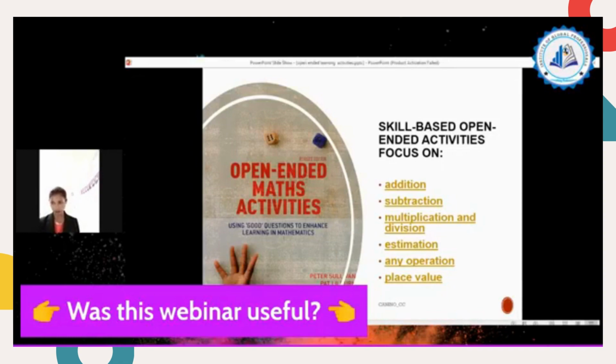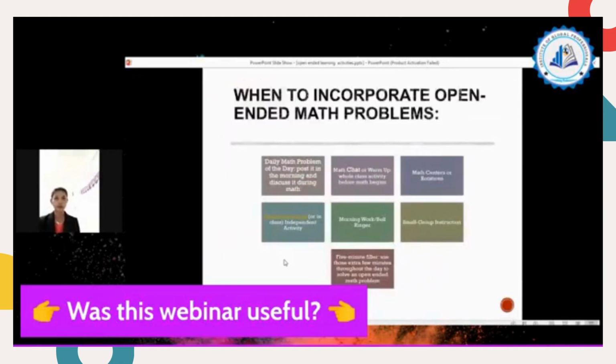Okay, next. So when to incorporate open-ended math problems? Well, you can use this in daily math problems of the day, post it in the morning, and then discuss it during math. One more thing is you can do math chats or warm-ups. Whole class activities before math begins, no?